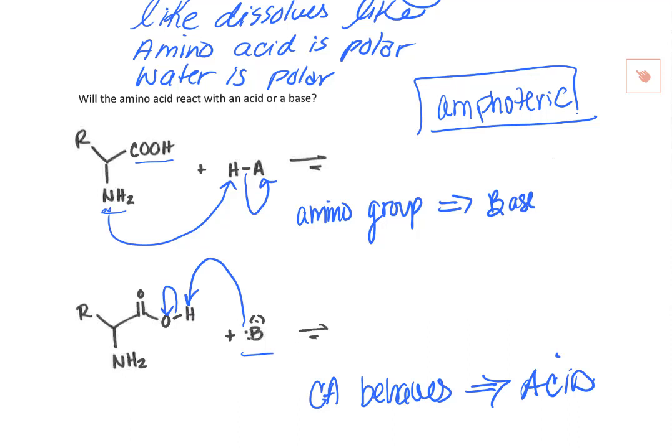Well, that's a good question. You'll worry about that when you get to biochemistry. But outside of the body, we can definitely make amino acids, and we can put them through chemical reactions. And so this is just an important thing to remember as we start looking at some properties of amino acids.